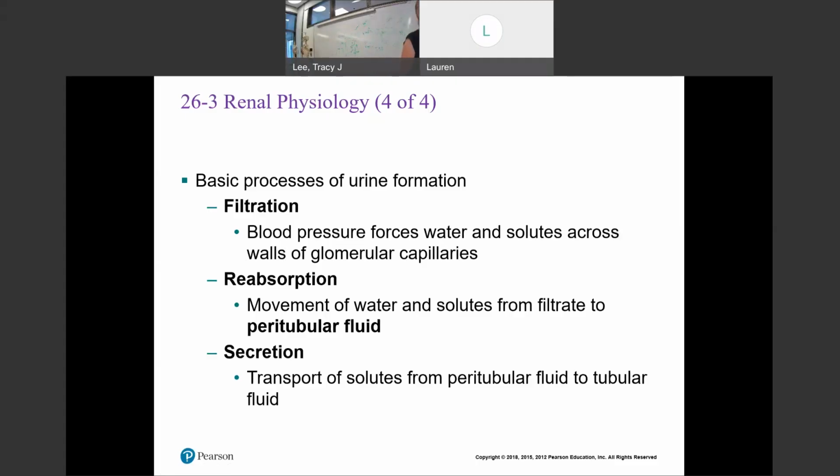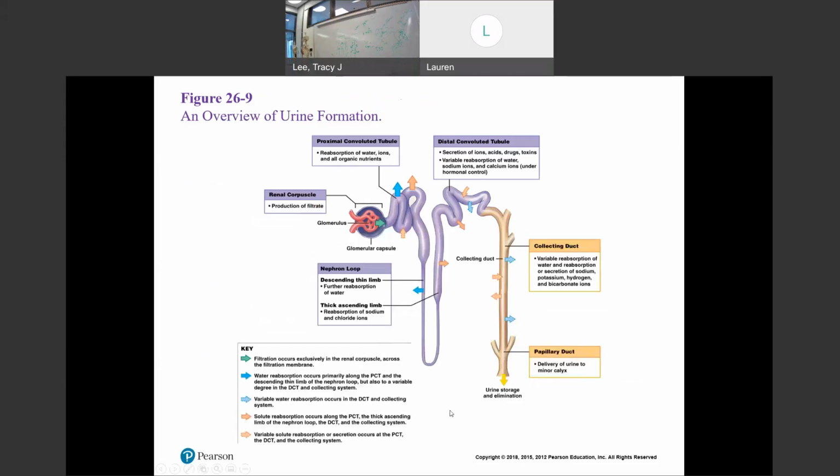And then we had elimination. What is elimination? We get rid of it at our bladder, or excretion. Elimination or excretion. Okay, so on this, what do I want you to know? I would just look at these to give you a really good idea as you study of what is moving where.